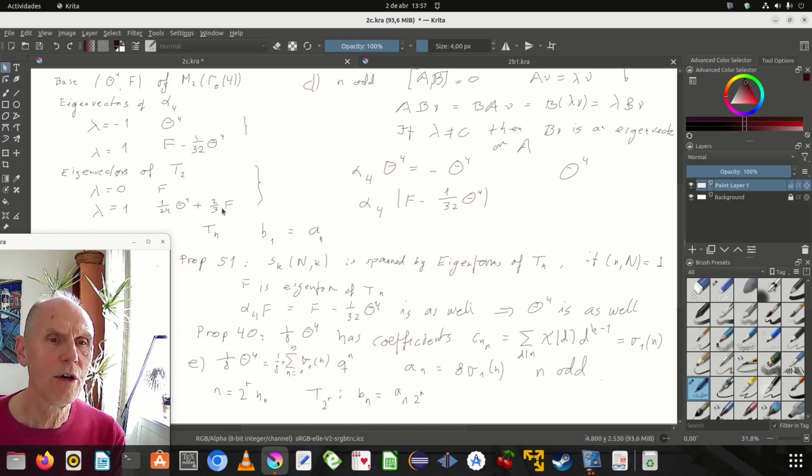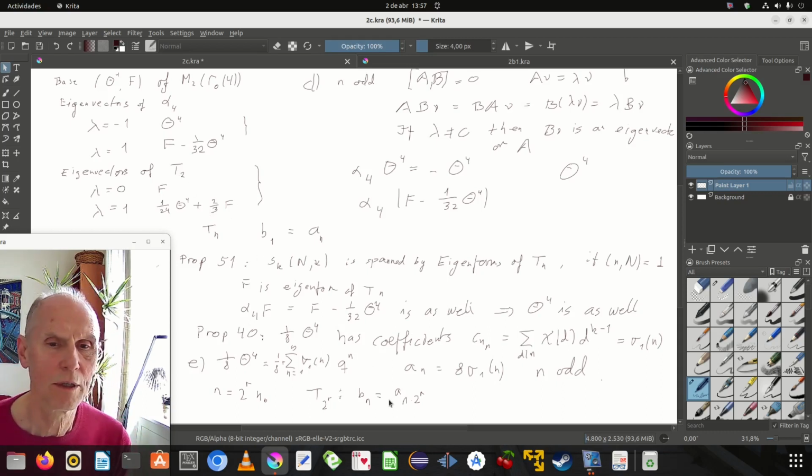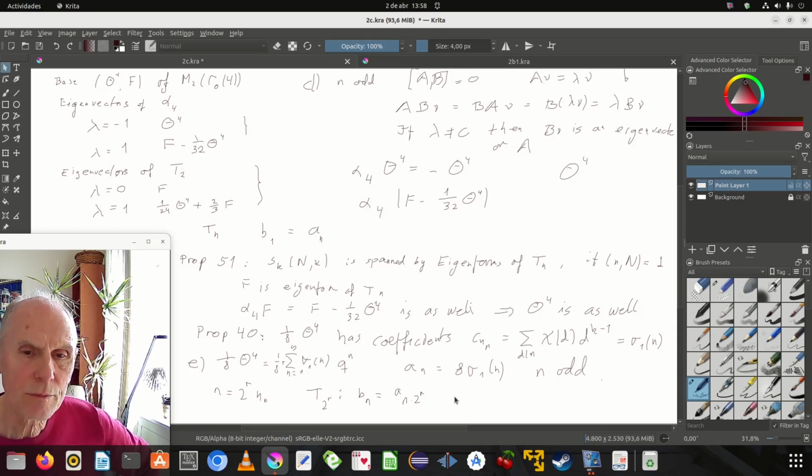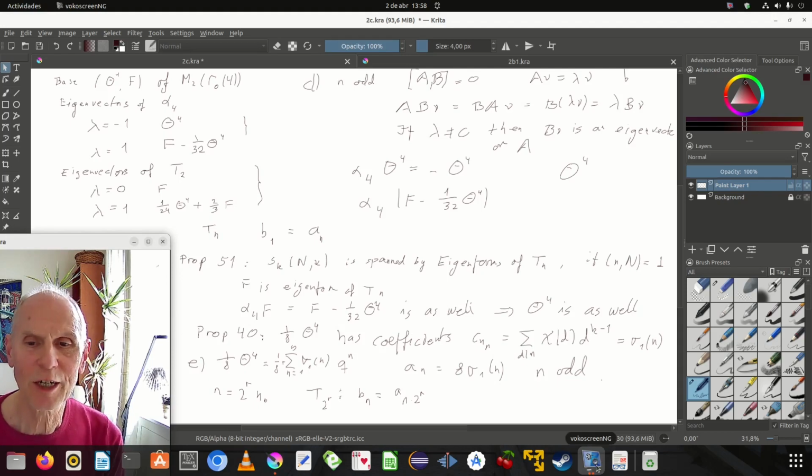So T2r of this function should be an eigenfunction, an eigenvector of T2 as well, with the same eigenvalue, which means it should be proportional to this guy itself. I'll just have to look at it another time.